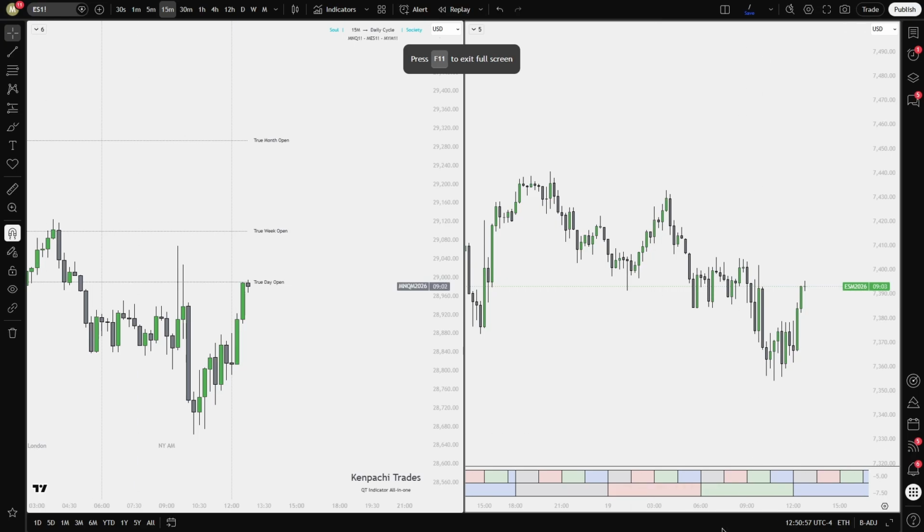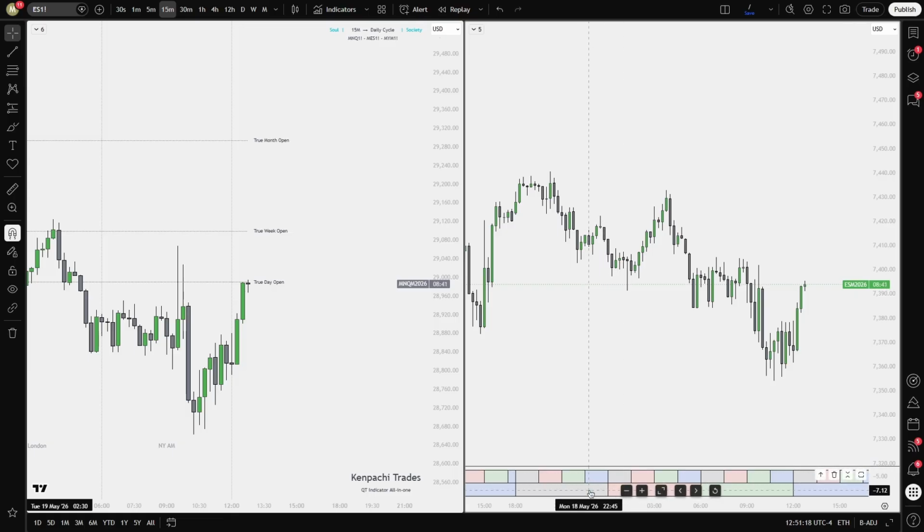You can visualize all of these quarterly series cycles directly on the charts without drawing them manually. On the right side of the screen is a quarterly series indicator by day. You can find it on TradingView. It displays colored boxes below the chart. Each color represents a different quarter, so you can instantly see which phase the market is currently in.